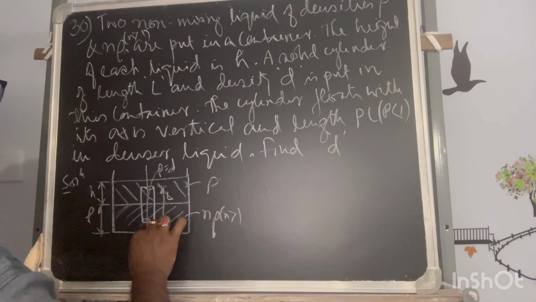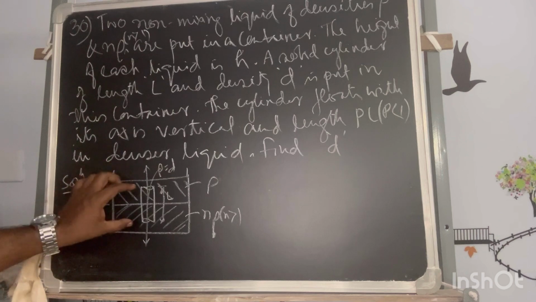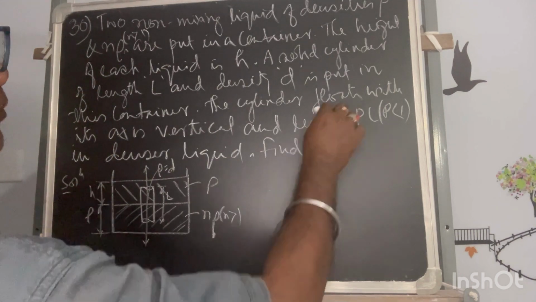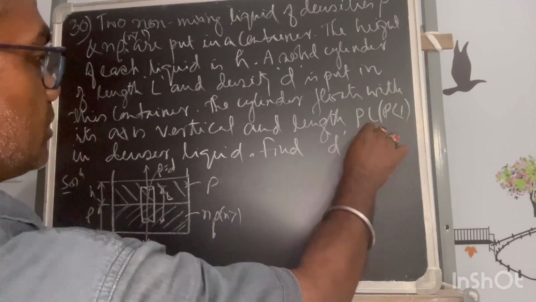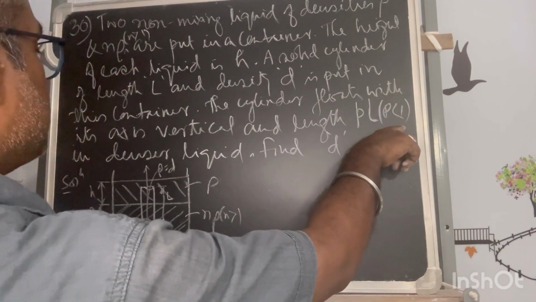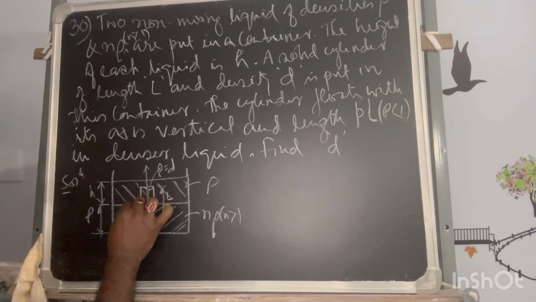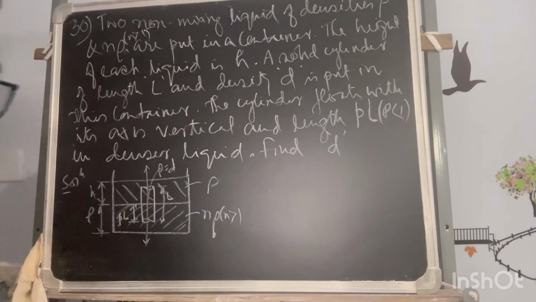So this is the axis and it is vertical, so what I have drawn is right. This cylinder will float with axis vertical and length PL, where I can put small p, a fraction of the total L, where p is less than 1, in the denser liquid. So this part of length is small p into L.